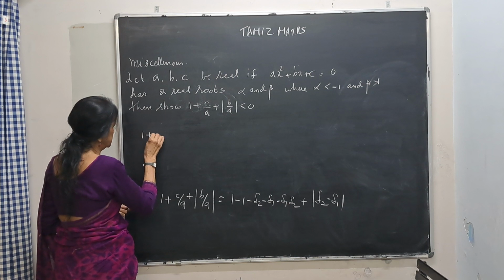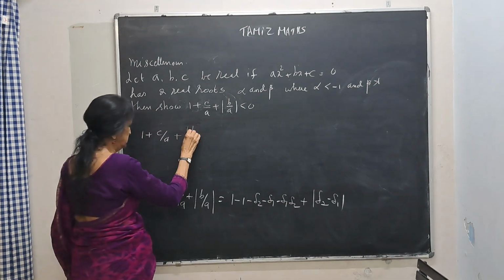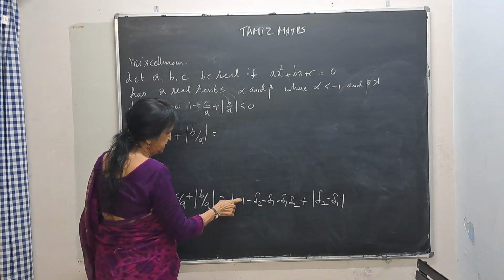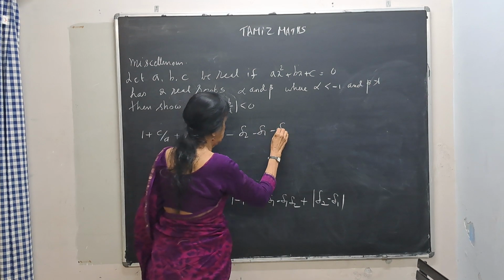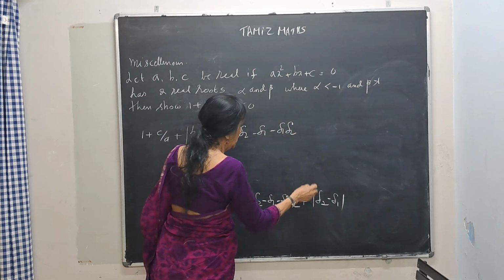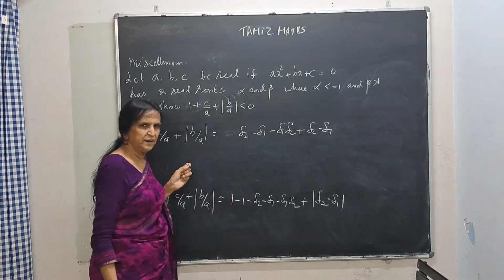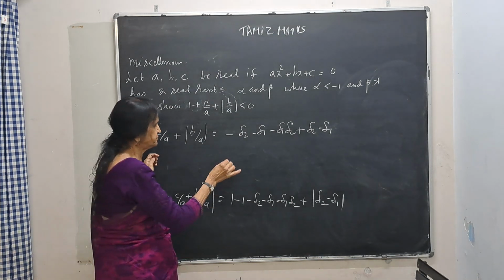So 1 plus c by a plus modulus of b by a is equal to this and this will get cancelled. Minus del 2 minus del 1 minus del 1 del 2, and this will be plus del 2 minus del 1, provided del 2 minus del 1 is greater than 0.